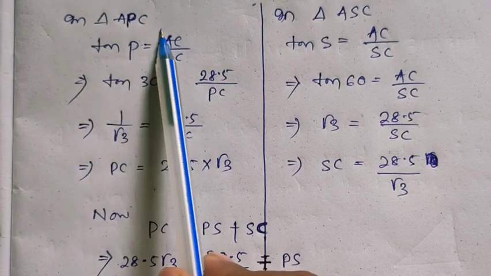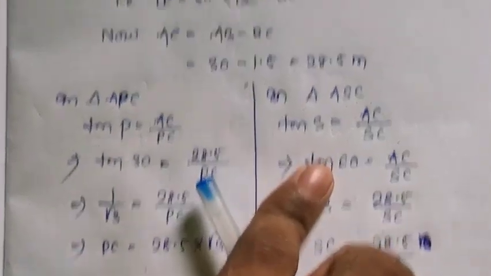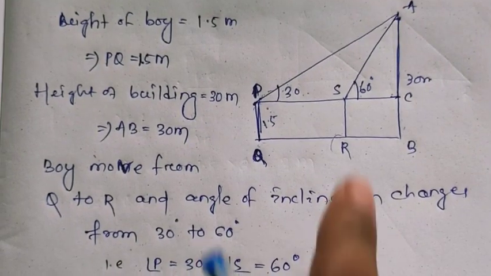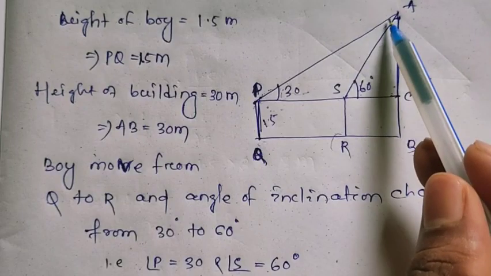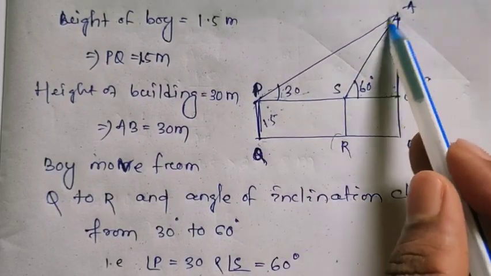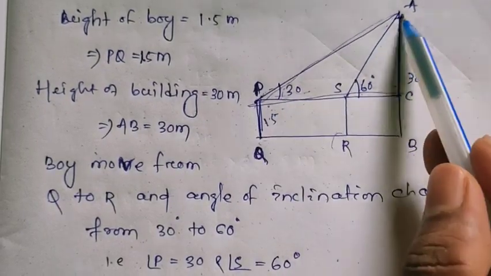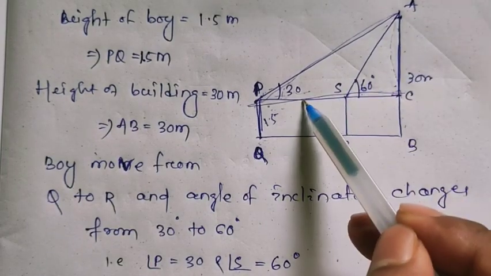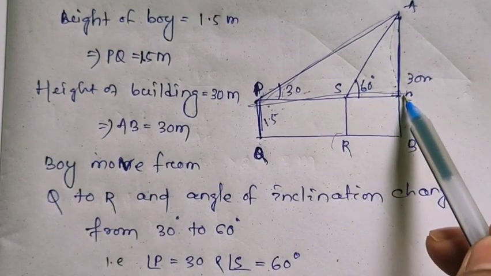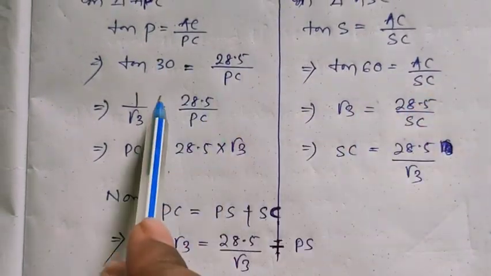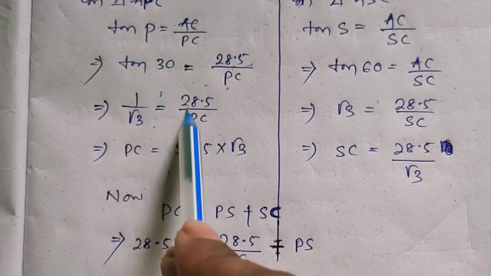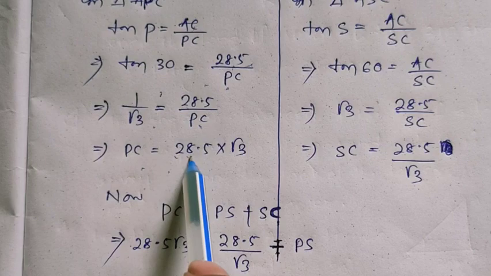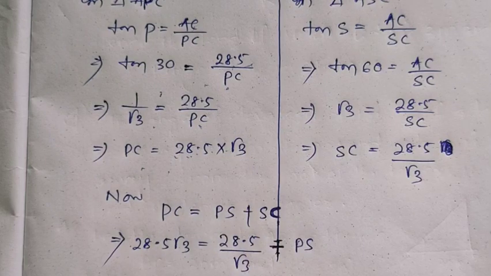In triangle APC, tan P is equal to AC by PC, because for this triangle this is the height, and we have already found the value of AC. So tan 30 is equal to AC, 28.5, divided by PC. This is 1 by root 3 equal to 28.5 by PC. So PC is equal to 28.5 into root 3.